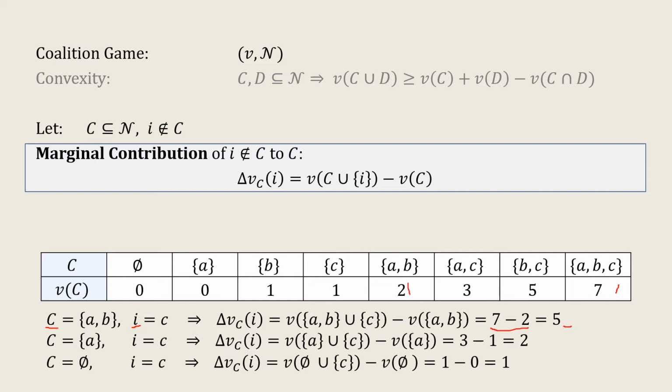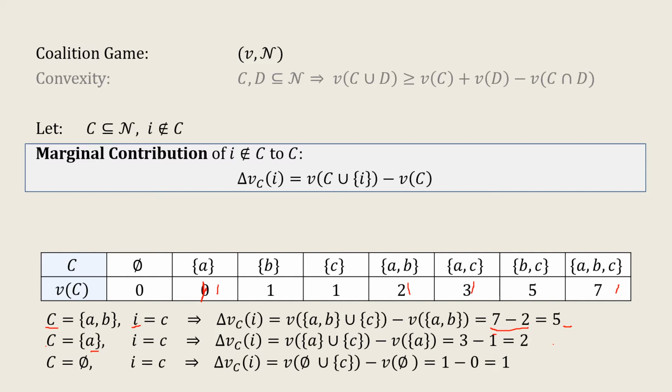And when the coalition is A, then the marginal contribution is v of AC minus v of A, which is, there's a small typo here. Let's make this a 1 instead of a 0. It should be a 1 here. So 3 minus 1 equals 2.